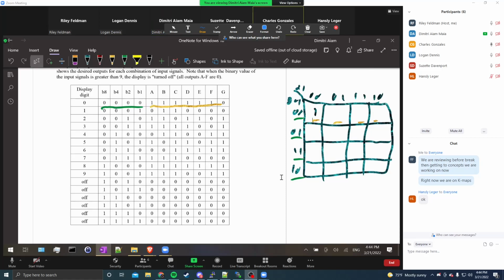Wait, so we just put 1 for the 0? Oh, I'm sorry. That's what I just noticed I did wrong. It's not this over here. It's this over here that goes in the KMAP. Okay, so 0 0 0 0 is a 1 over there.